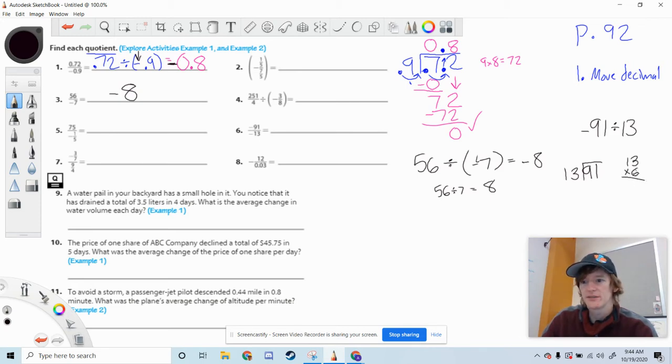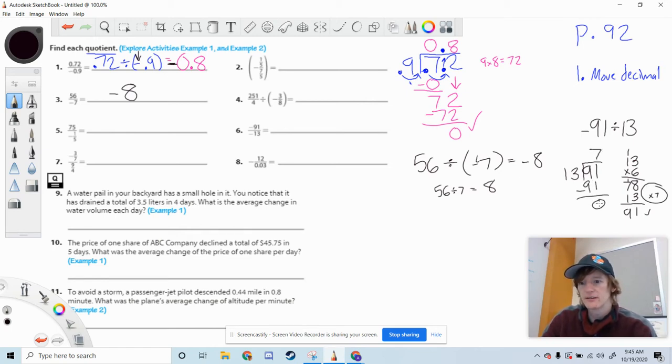Just a random number. 6 times 3 is 18. 6 times 1 is 6, plus 1 is 7. So that was times 6. Well, let's add another 13 and make this times 7 instead. So I've got 8 plus 3 is 11. 7, 8, 9, 91. So that's going to be 7.